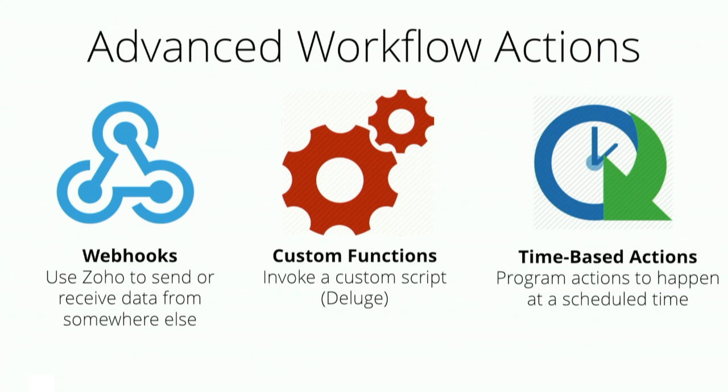Or if you need to grab information from another place whenever a new lead is generated, you trigger a webhook for that to happen. On top of that, you also have what we call custom functions. That invokes our Deluge scripting language, which is pretty much available across multiple Zoho applications, including CRM and what's used to power Zoho Creator or Custom Application Builder. And essentially, you can trigger other actions to happen outside of what's already pre-built for you.